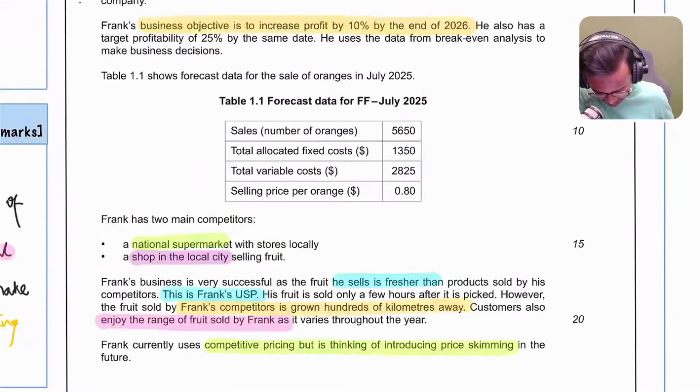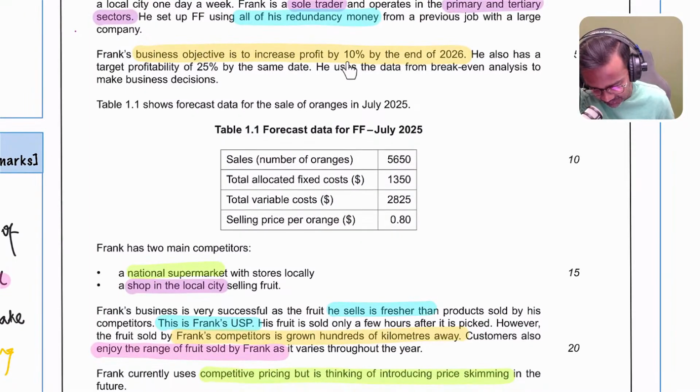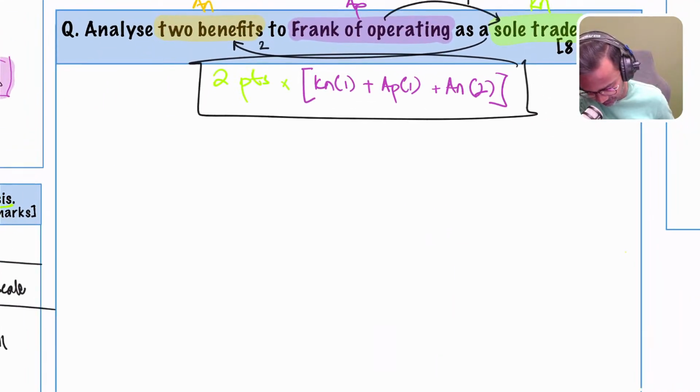We can also compare this with the fact that he has a target profitability of 25%, which means that he gets to keep all the profit to himself. So there's all of these little pieces of information that we need to process into a nice answer. I'm going to do that for you. Do the first paragraph at least here.